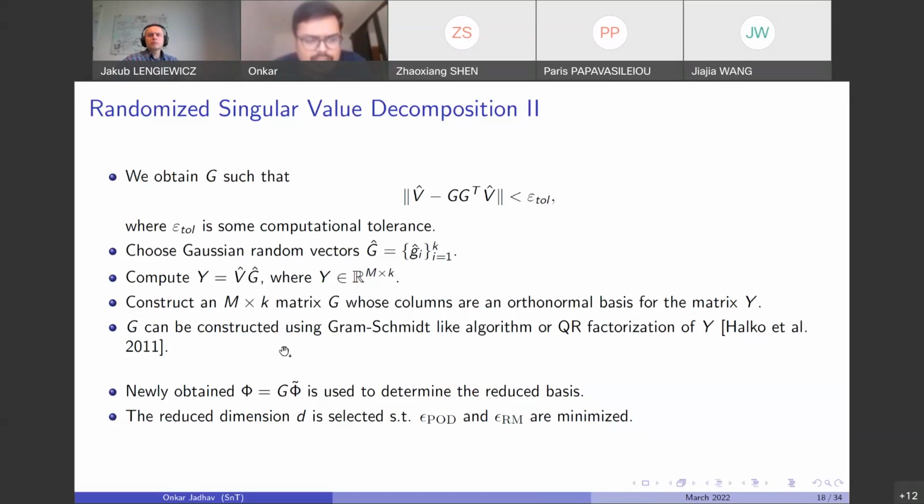We can construct this G, that is, this orthonormal basis for our matrix Y, in the offline phase using a Gram-Schmidt-like algorithm or QR factorization. And Halko recently published a really good adaptive algorithm based on this error norm to determine this G. Once we have our G, we can determine the left singular vector matrix and the reduced order basis, as I explained before.